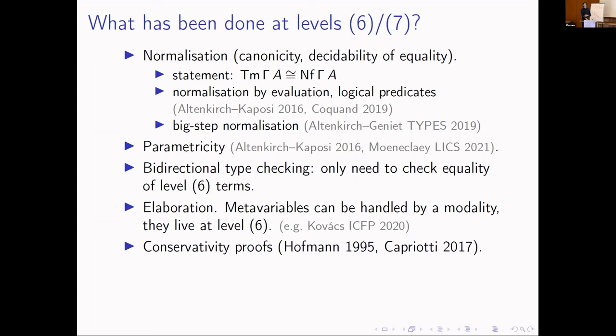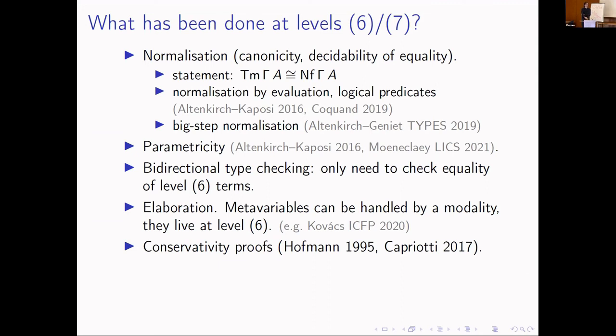Also conservativity proofs like Hofmann's proof of conservativity of extensional type theory over intensional type theory with function extensionality and uniqueness of identity proofs can be done at this level of abstraction, or Capriotti's proof was already done at this level of abstraction on conservativity of two-level type theory over one-level type theory.